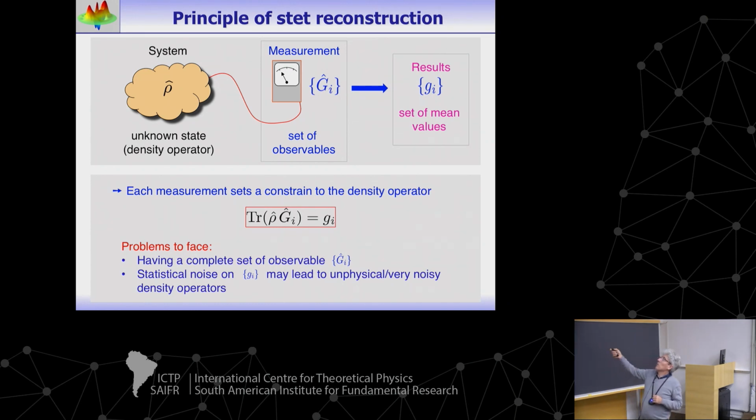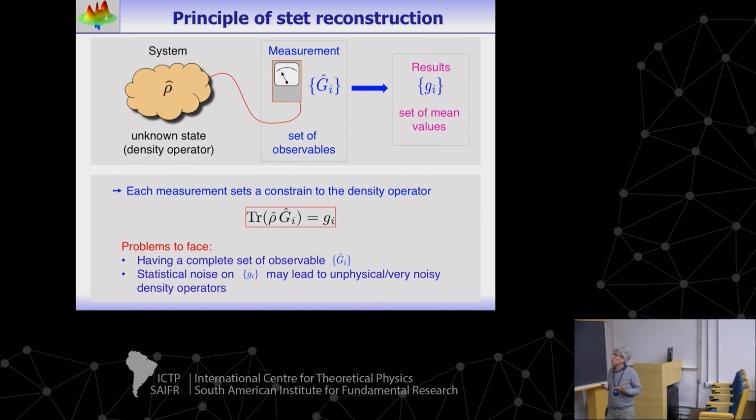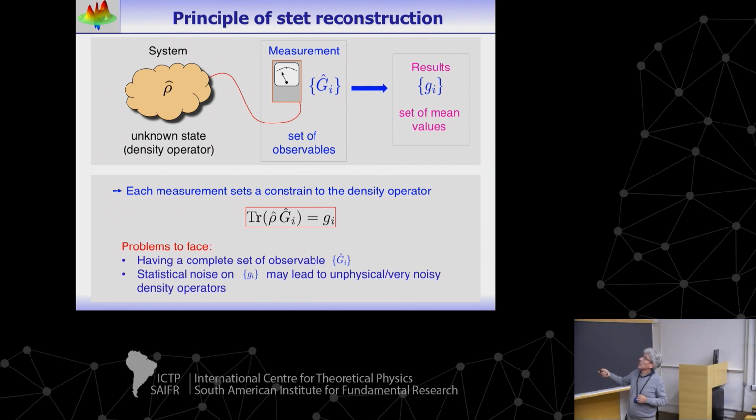And the value is what you measured. If you have a large enough number of measurements, you get the measured probability to have a given result. So this gives you a linear equation on the matrix elements of the density operator.